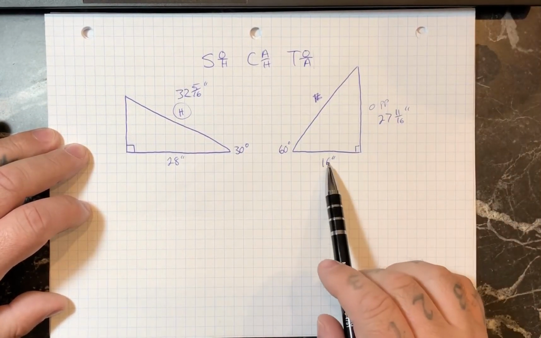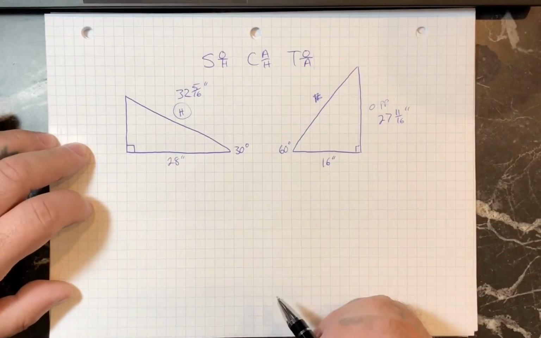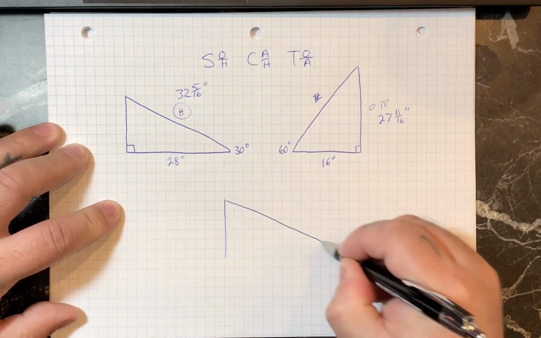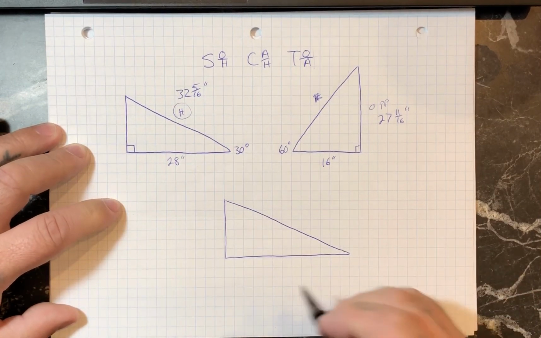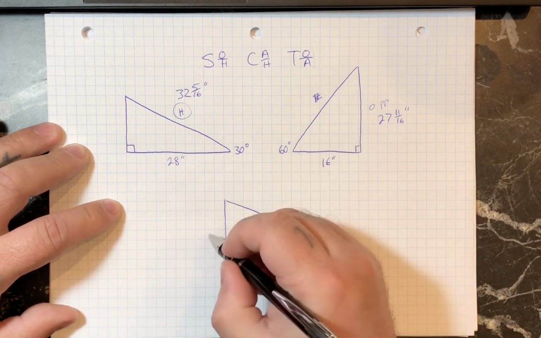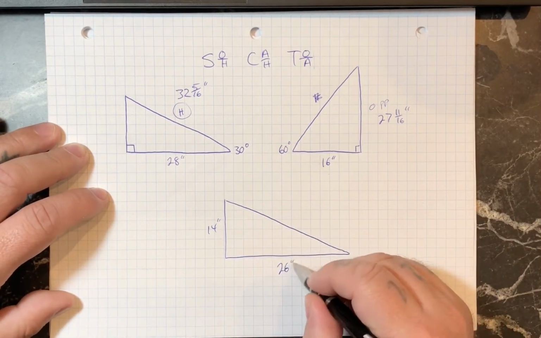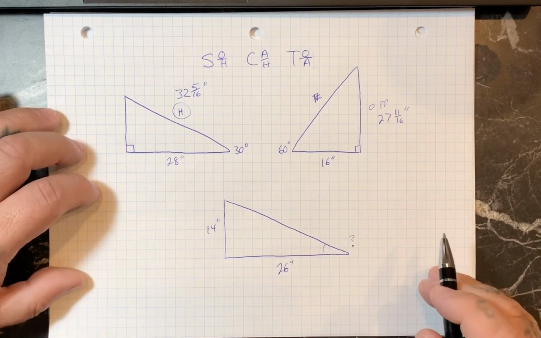If you have two measurements and I'm looking for an angle, that's when the second function comes in. So I'm going to draw another triangle here. So let's use 26, 14, and I want to find this angle here. This is my question mark.